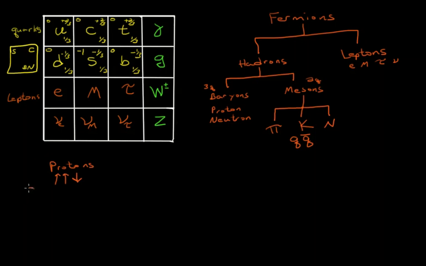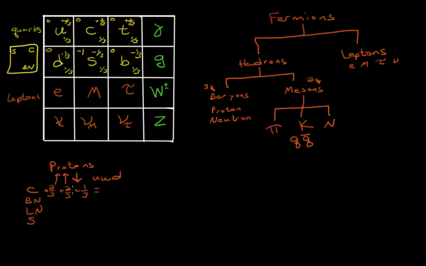Let's look at how these quarks affect the charge, the baryon number, the lepton number, and the strangeness. You could also write this up, up, down for the different quarks that there are. So charge. Up quarks are positive 2/3 charge, and a down quark is negative 1/3.